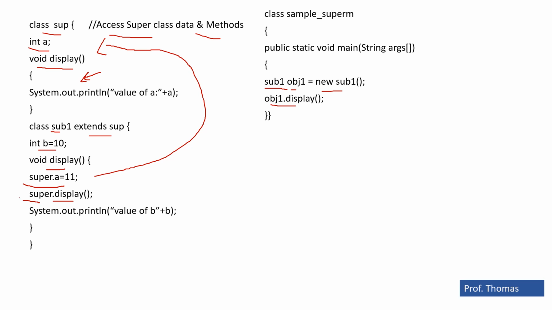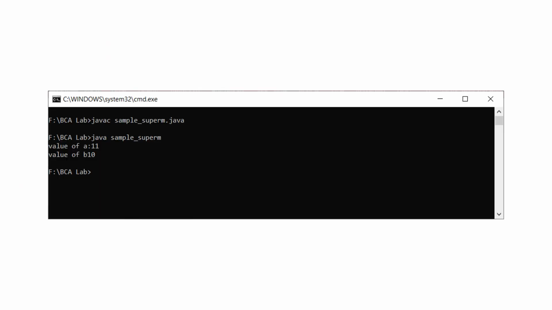Using the super keyword, we also initialize the superclass variable. Here we see the output of the previous program: value of a equal to 11 and value of b equal to 10.